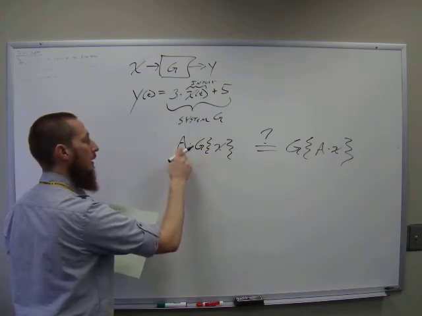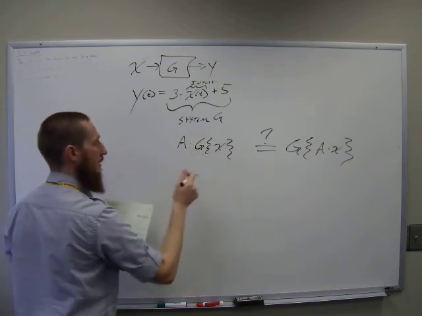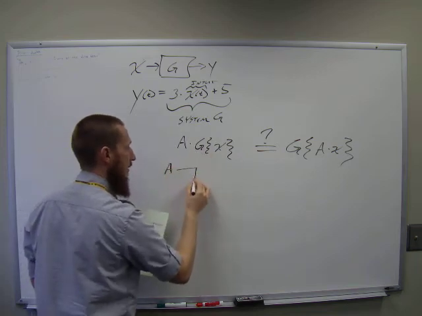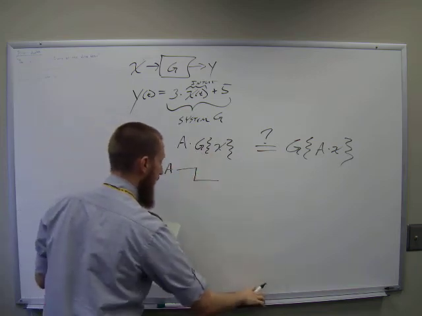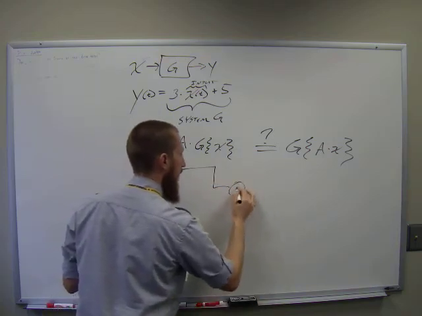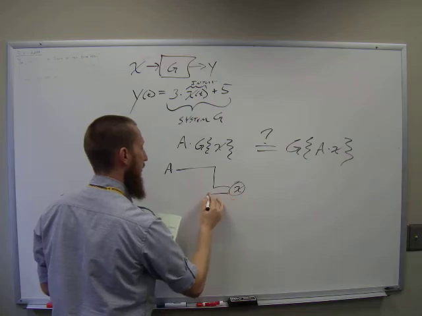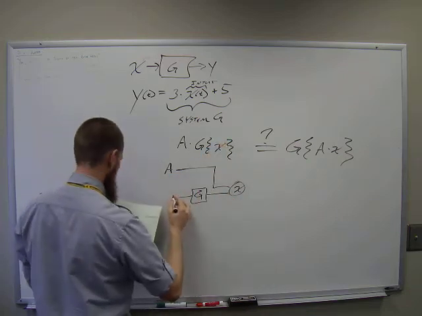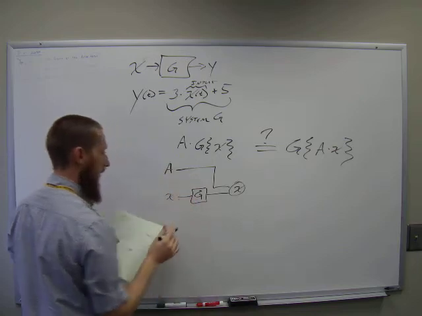We want to multiply A with the output of the system. So that means we're going to have A, which we're going to multiply with the output of G, and G is taking X in.